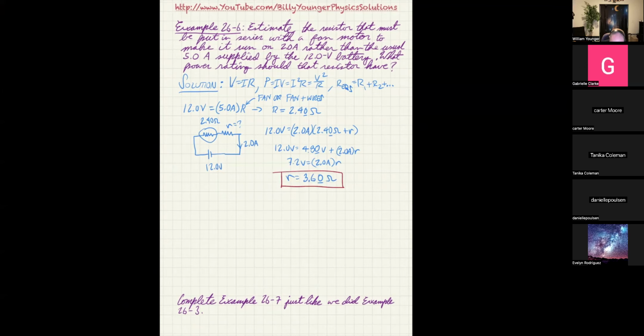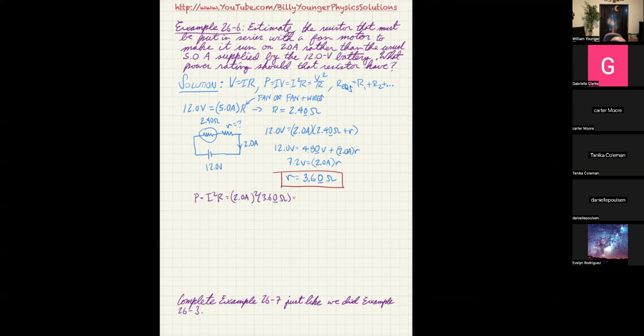Now what we got to figure out is how much power it should be able to dissipate. So we know that the current going through it is going to be 2 amps, and we know that power P is equal to IV, which is equal to I squared R. I think we should do I squared R because I have I and R. So this is going to be 2.0 amps squared times 3.60 ohms.